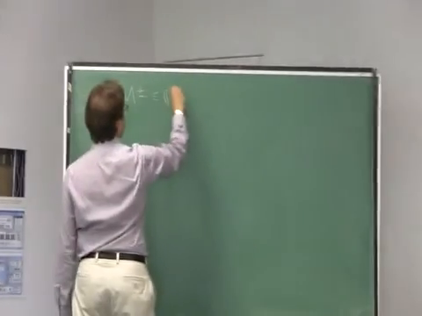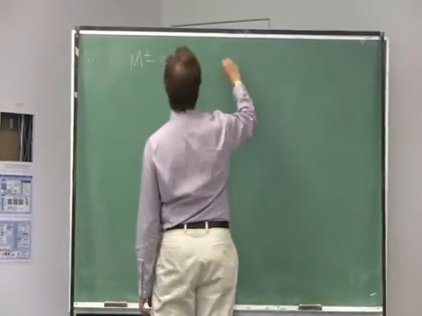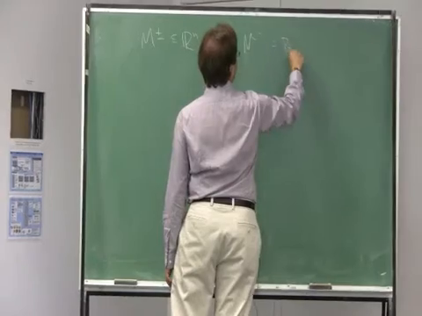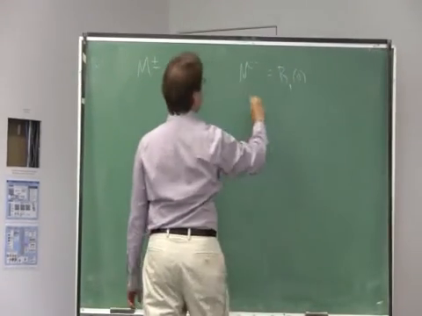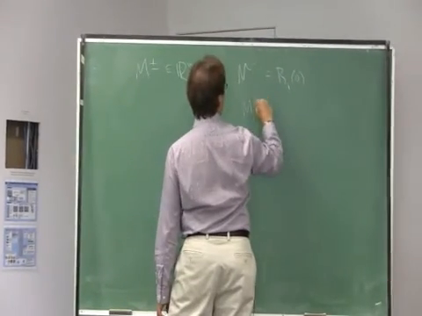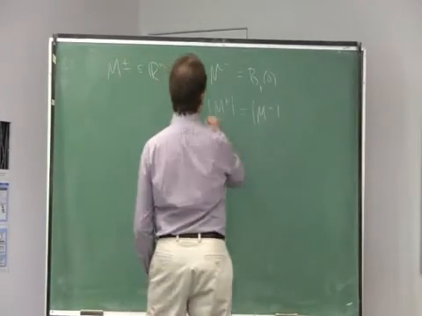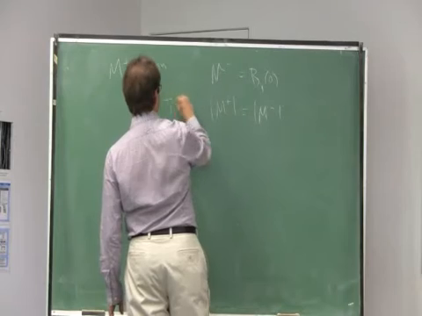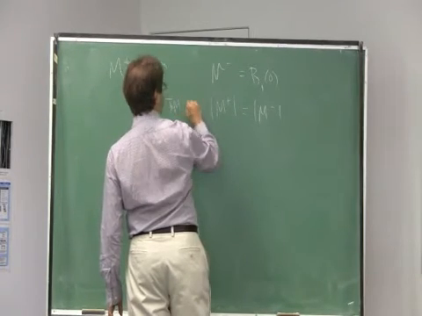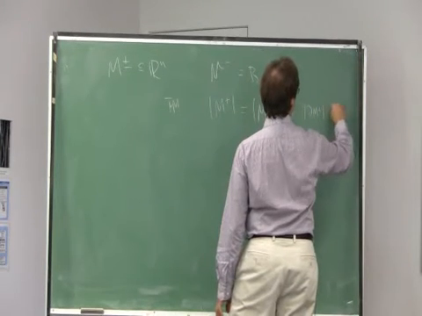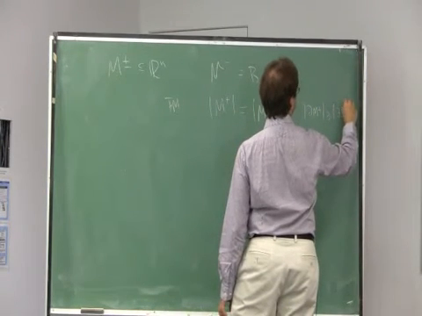Here I have two sets in R^n, and let's take the second one to be the unit ball, and let me take the first one to have the same total volume. Then the isoperimetric theorem states that if these two have the same volume, then the perimeter of the first is longer than the perimeter of the second.